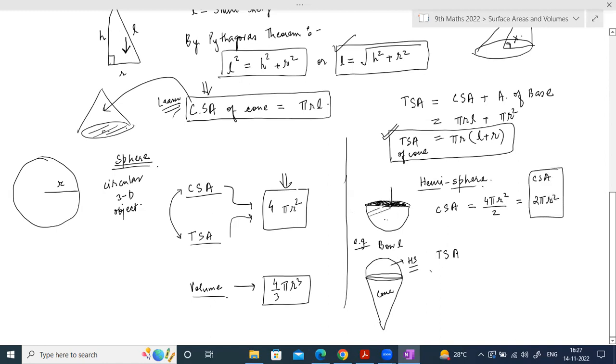And for TSA, we will add the area of the top circle. And what is the area of a circle? Pi r square. So we get 2 pi r square plus pi r square, which becomes 3 pi r square.